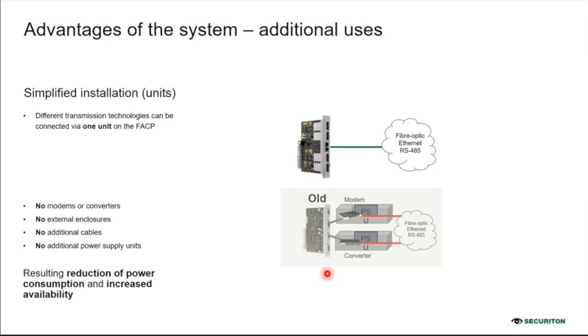So we save costs and we save time. So now SecuriWan is more powerful than the old SecOnet. But we will see in the next slide that we can still connect existing SecOnet to the SecuriWan.